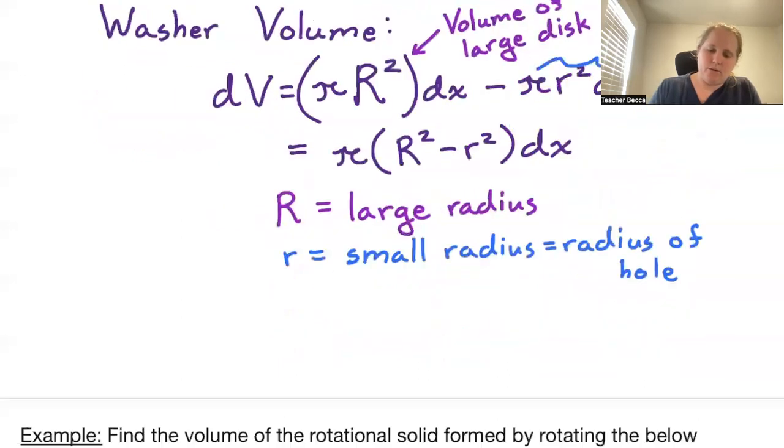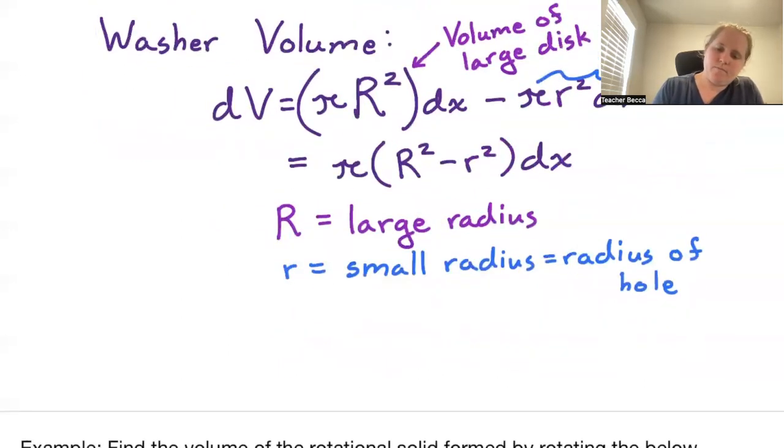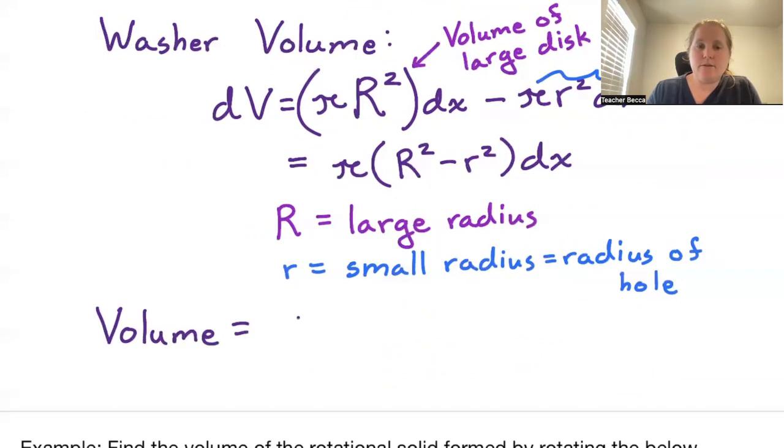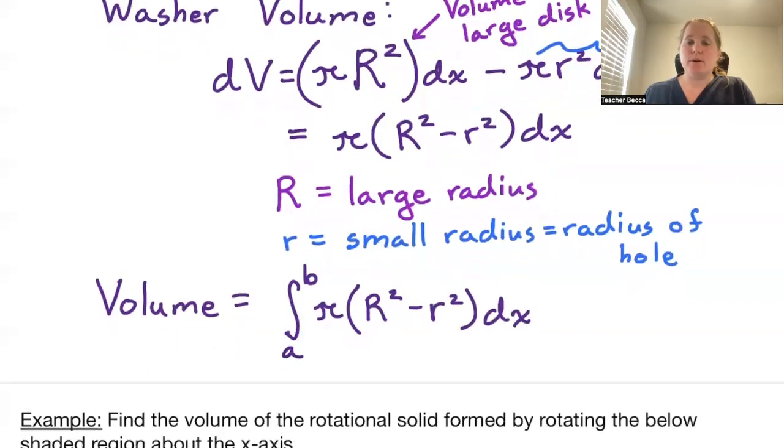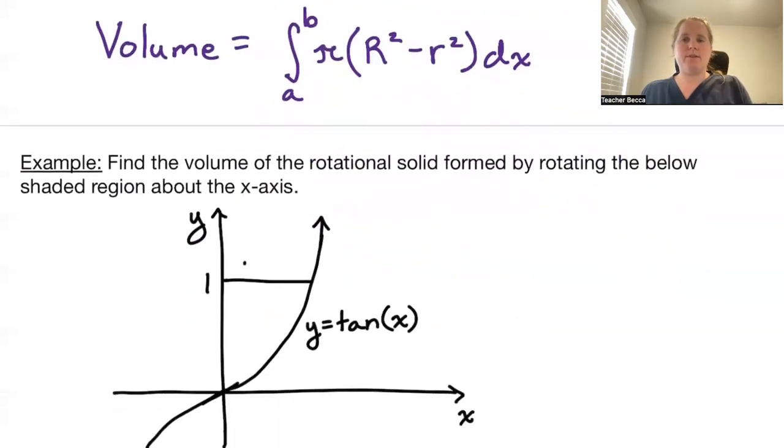And so our overall volume is just equal to the definite integral from a to b of pi times capital R squared minus lowercase r squared, all of that times dx. So let's go ahead and just do one example here. We'll see more examples in the next video.